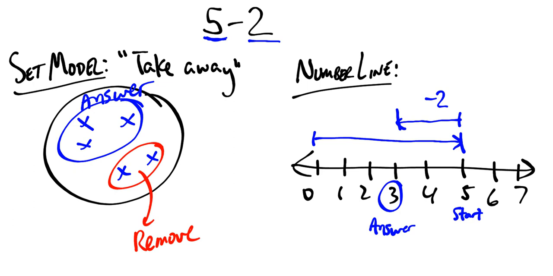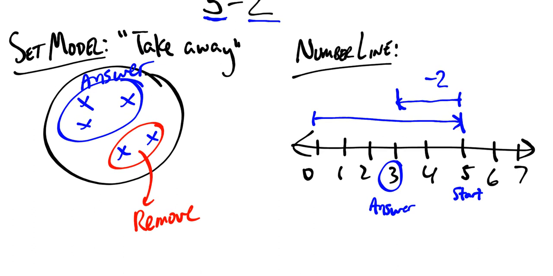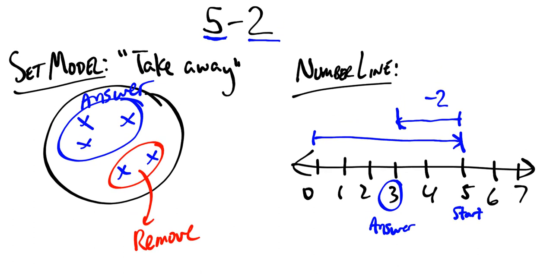I should point out that it is also a grade 1 standard in the New York State standards, in the Common Core standards, to understand subtraction as the unknown addend problem. So it is one of those things.